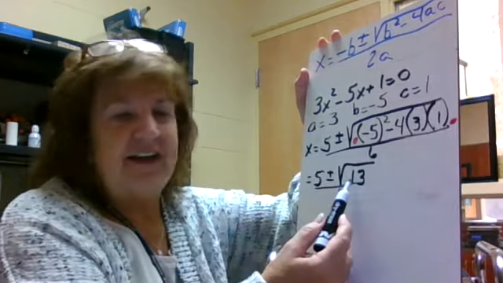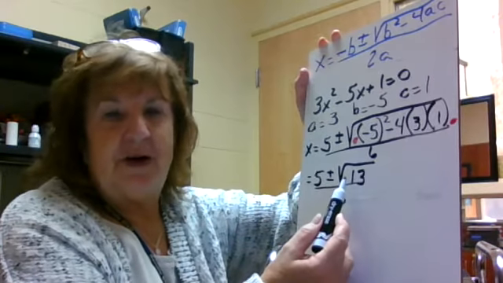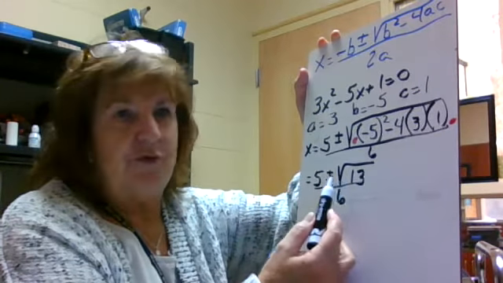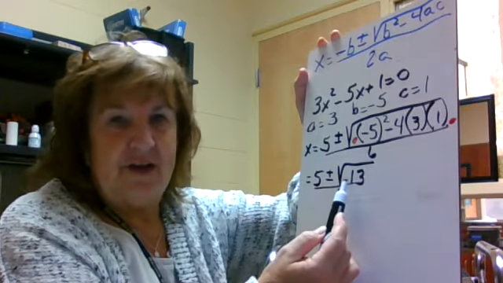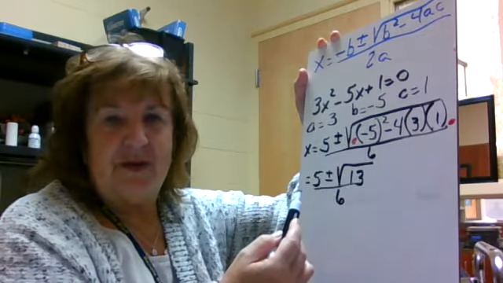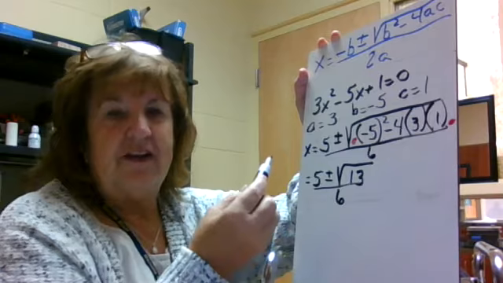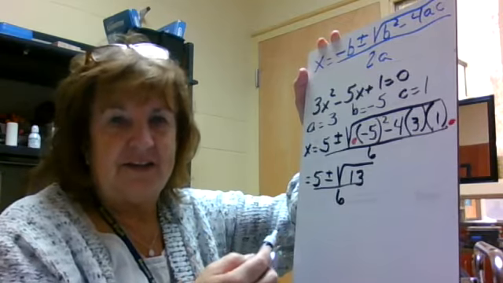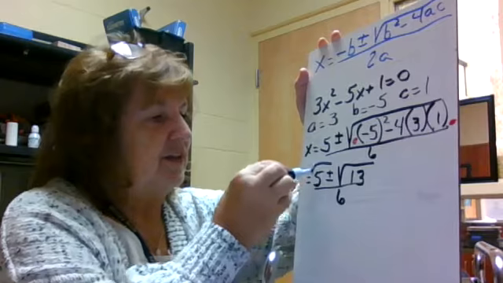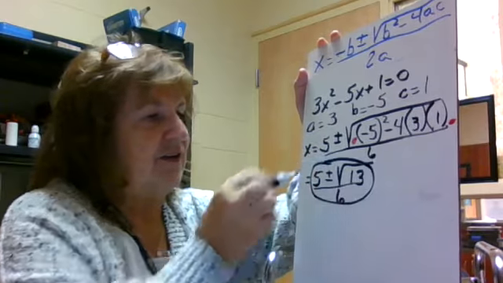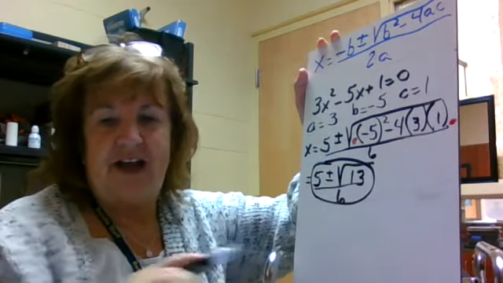This is not a negative number. It's a positive number. So we don't have any i's or anything, but we can't break 13 down. That list that I had up there earlier, the 1, the 4, the 9, the 16, none of those numbers go into 13. So this is the answer to problem number 6 on your quiz.